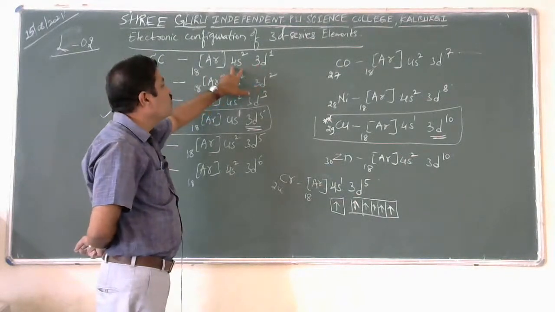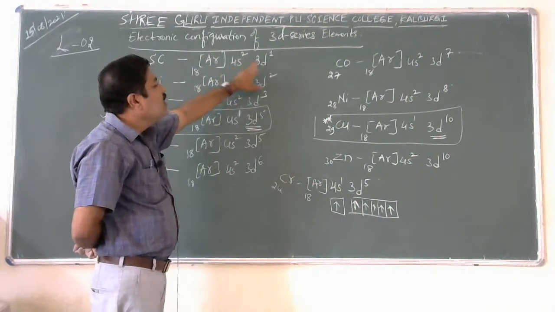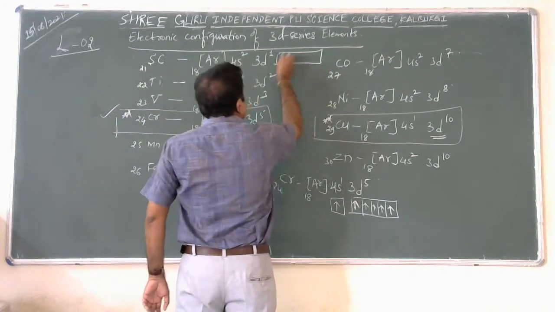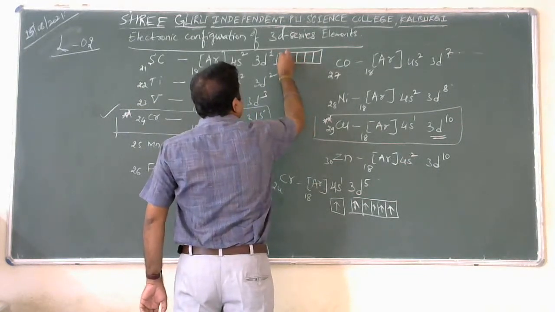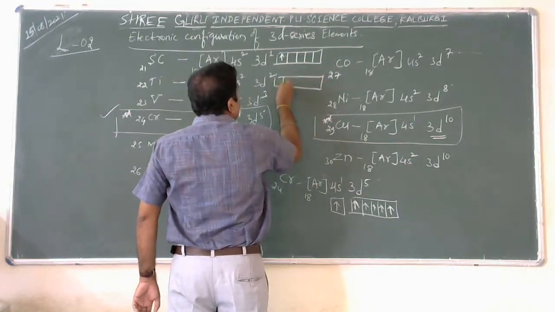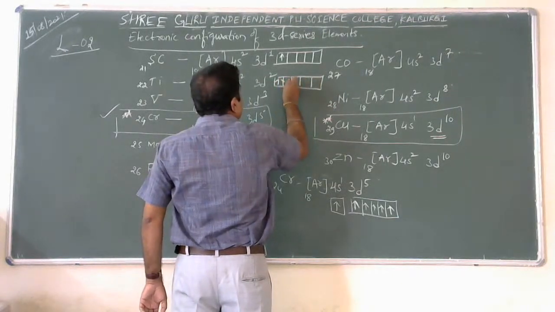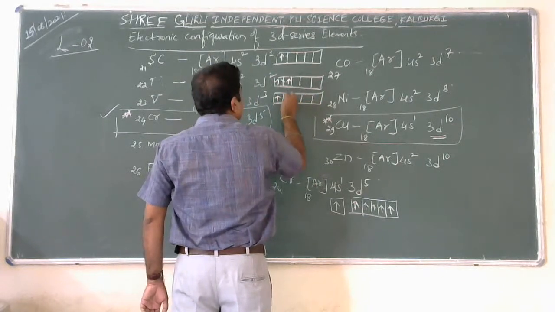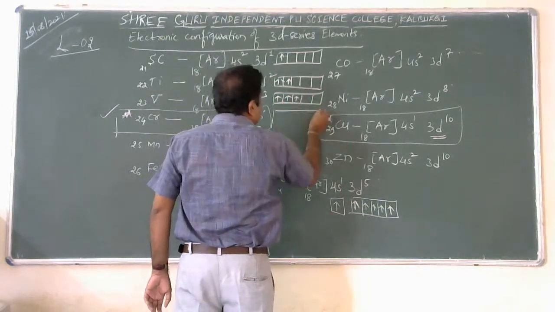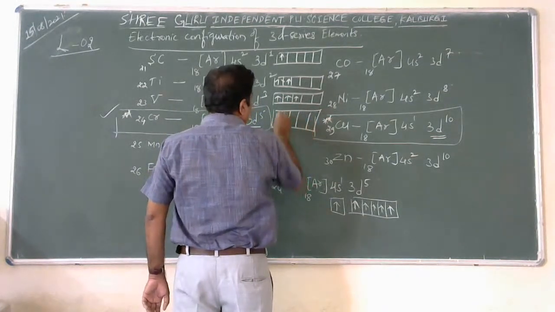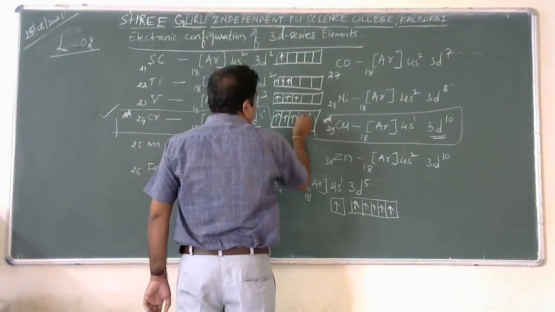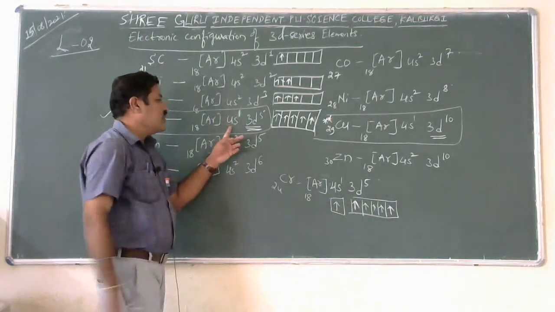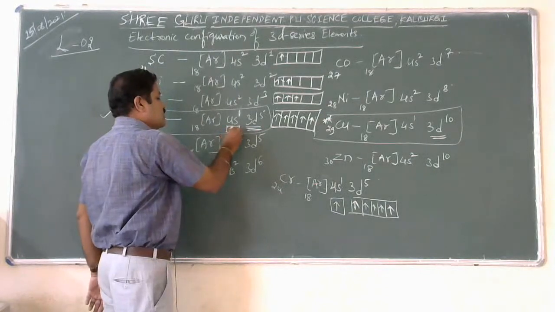d1, 4s2 completely filled. d1 means one electron in the d orbital. d2, d3, up to d5: 1, 2, 3, 4, 5. Up to chromium, with 4s1 as one more unpaired electron, that is 6.